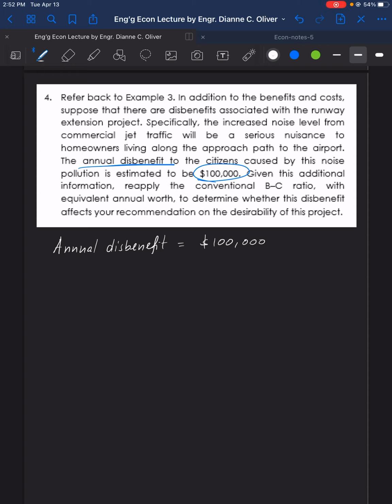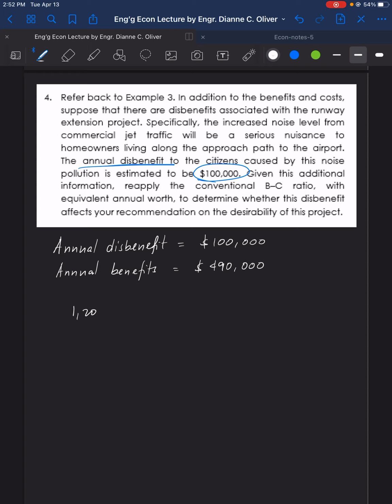Then what we have in number 3, the annual benefits a while ago is $490,000. And for the annual cost, let's first convert the 1,200,000 a while ago.